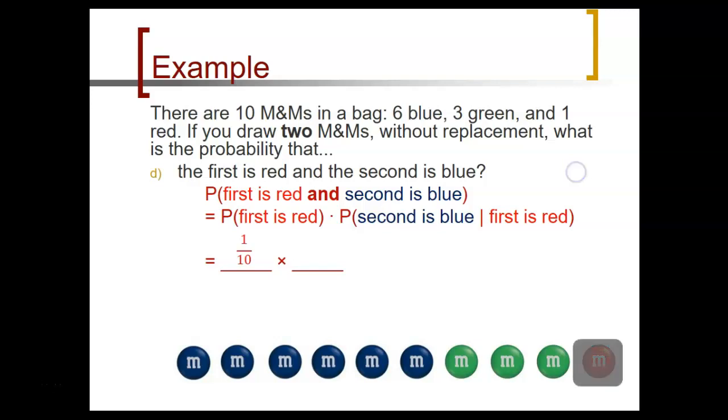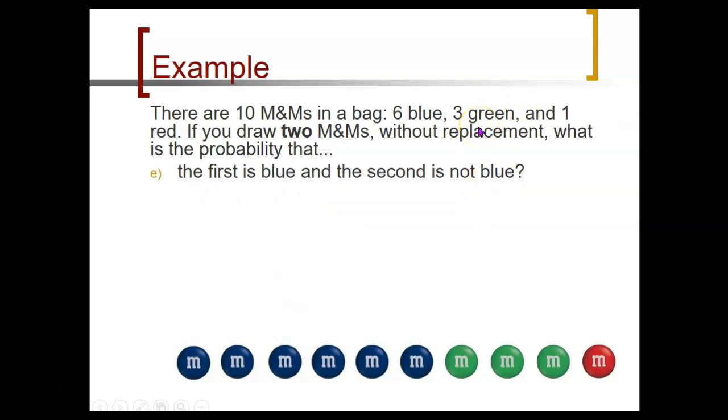The probability that the second is blue if the first is red would be how many out of how many? 6 out of 9, 6/9. And then when we multiply, we get 6 over 90, which is 1/15 or 0.067. So coincidentally, that's the same probability as getting both of them green.